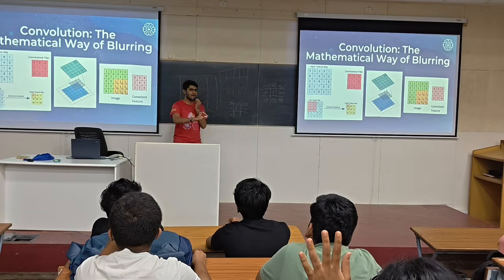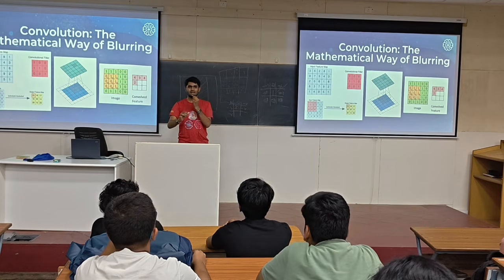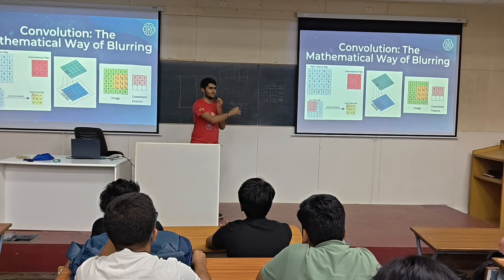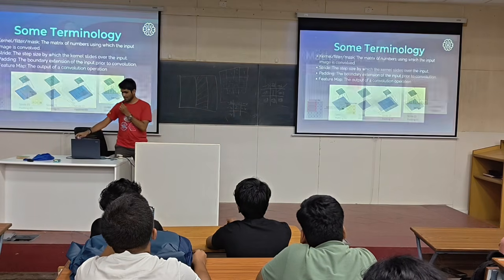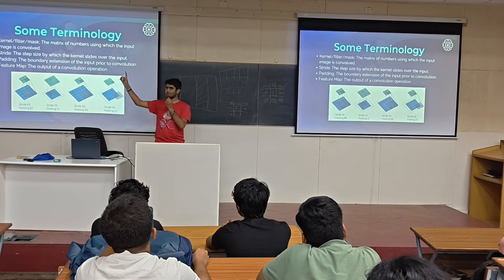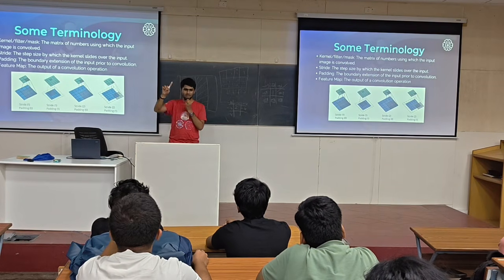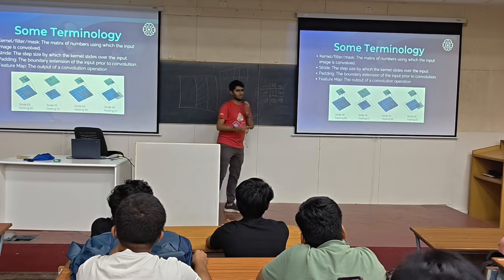Wherever there is a high difference between the neighboring pixels and the current pixel, it will become more enhanced in the output image. The output image is called the feature map. The output of a convolution operation is called the feature map. The input is the input, and the one you convolve with is the kernel or filter or mask. All these words are used.